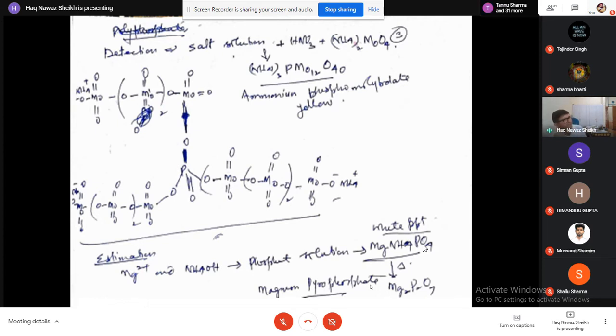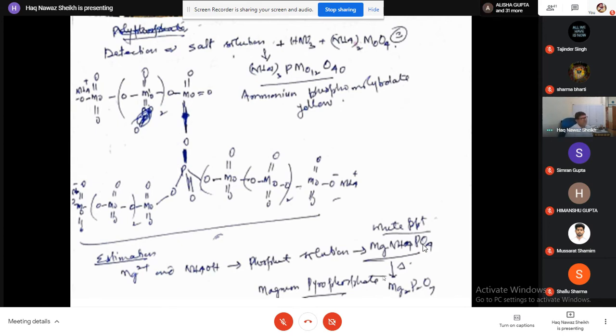Then you write: you have taken 1 gram of the soil sample. 1 gram of the soil sample contains this much, 100 grams will contain this much. That will give you the weight by weight percentage of the phosphate in the soil sample. So this is how the estimation is done, for the detection as well as the qualitative and quantitative analysis of the phosphate.